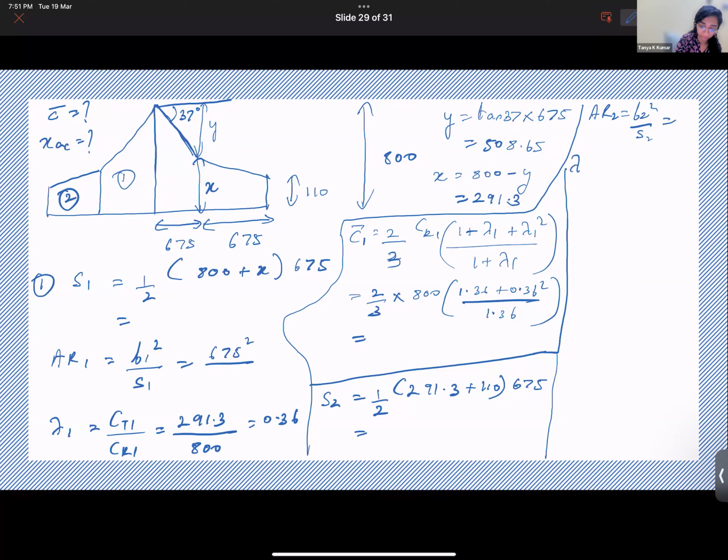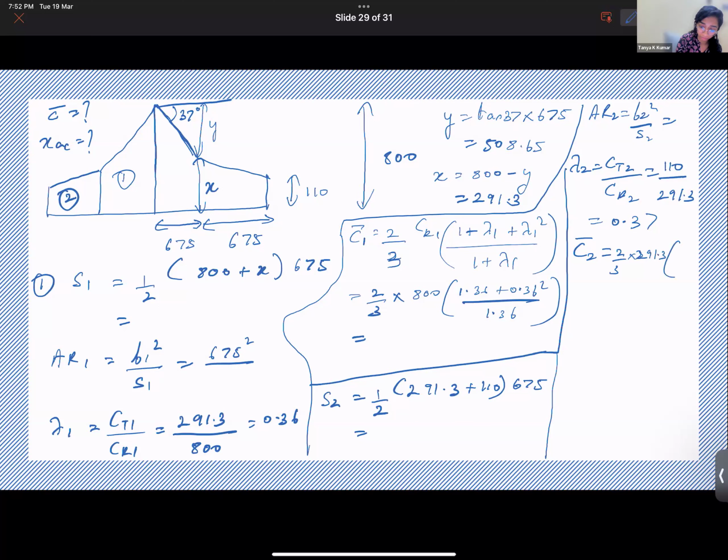Next is lambda 2, CT2 by CR2. CT2 is 110, CR2 is 291.3. How much is this? You get 0.37. Then the mean aerodynamic chord of the second section. Again, the same formula, so you get 2 by 3 into, not 800, CR2 is 291.3.